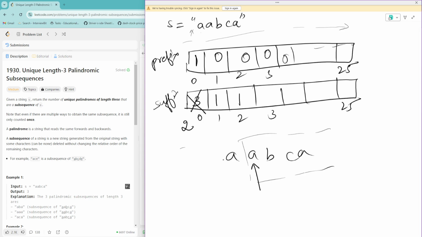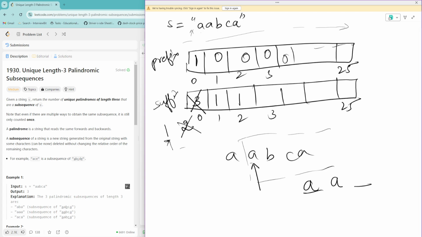I am at A. I check what elements are previous to this A. I've encountered an A. Before that, since I'm at a particular character, I decrement its suffix count by 1, so it would be 1. Then I check if there are any elements existing prior to A. Yeah, I have found A. Then using the suffix array, I check if there is an A existing after this element.